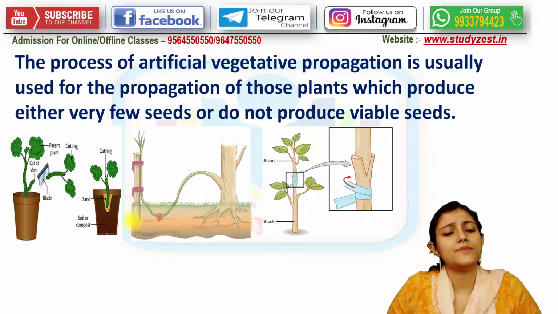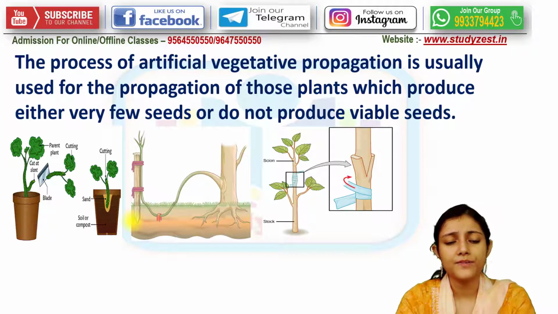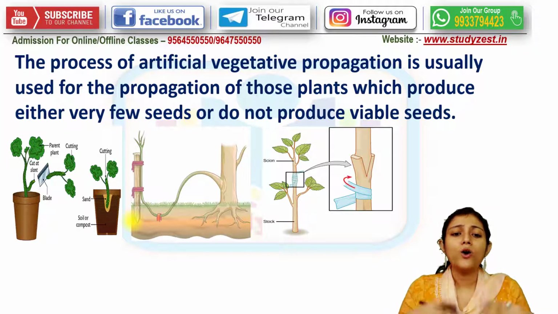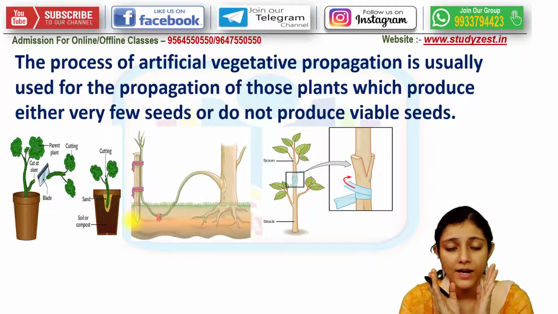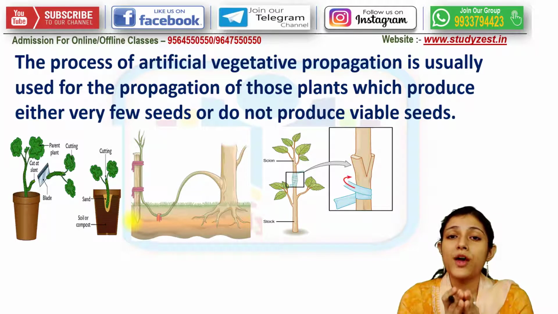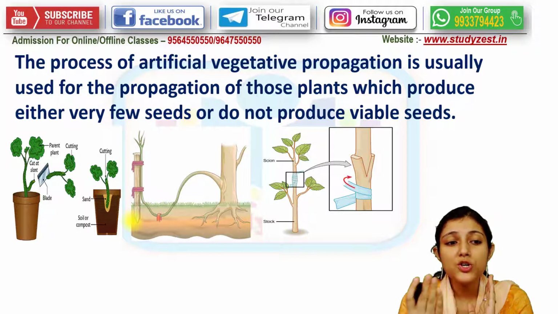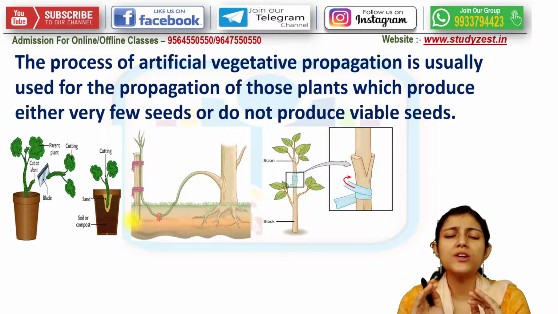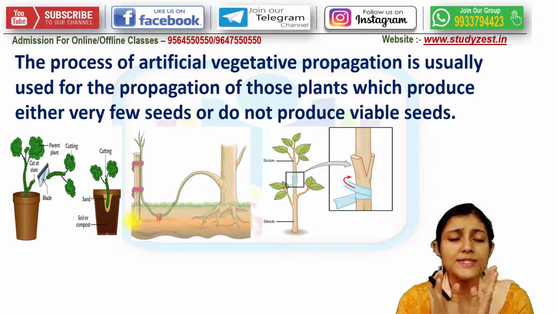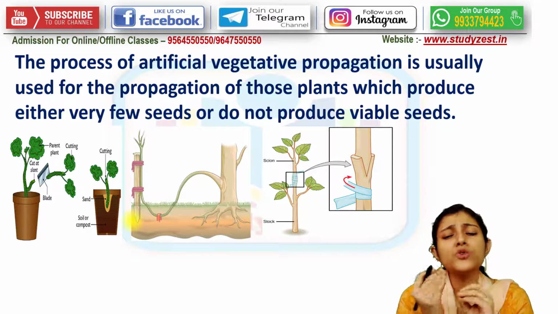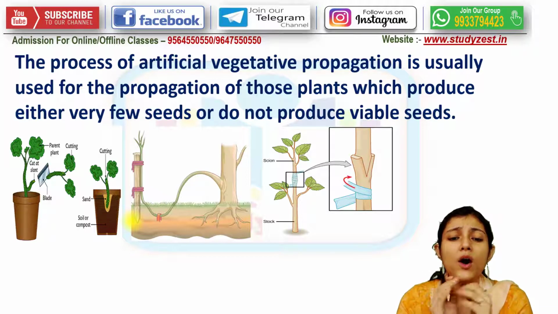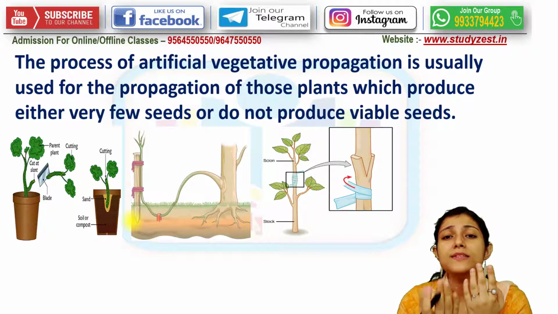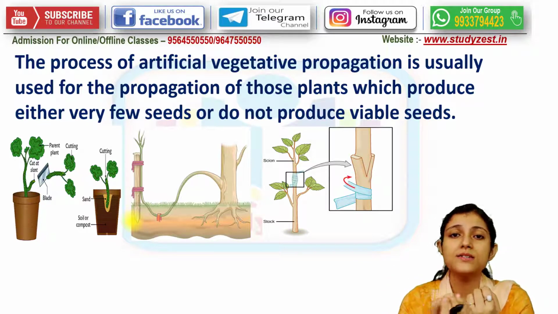This slide shows in which cases artificial vegetative reproduction or vegetative propagation is used. It is usually used for those plants which produce very few seeds, or do not produce any viable seed.